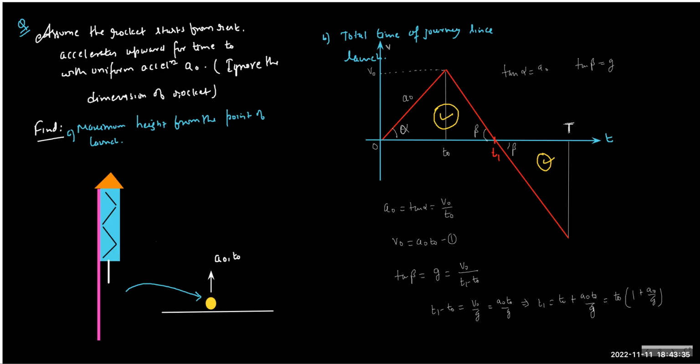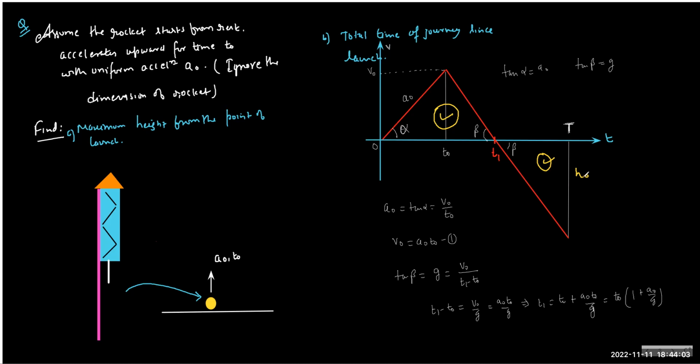Anyone getting the answer? To find this area, you need to find this height first. Let's call it anything. So how to get the H naught in terms of time t?